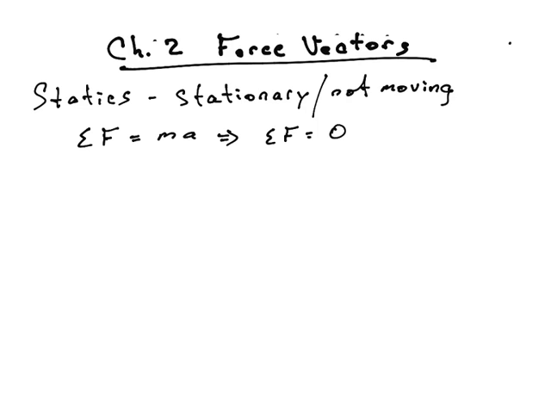So if you're given a statics problem, you'll know it's a statics problem either because explicitly it says the object is not in motion, the object is in equilibrium, things like this. And what that implies, the thing you need to understand about it, is that if you add up all the forces which act on the system, it equals 0.